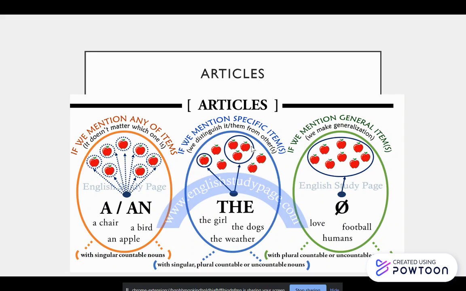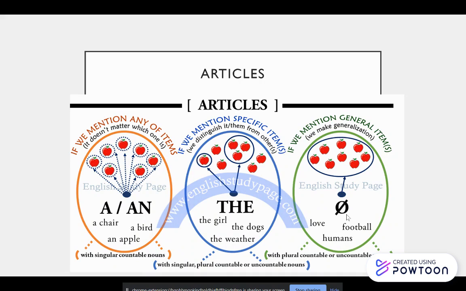That means a specific portion of the apples, or that one particular apple. This is where we use "the". The girl: we are not talking about all the girls, we are talking about that particular girl. The dogs, the weather.